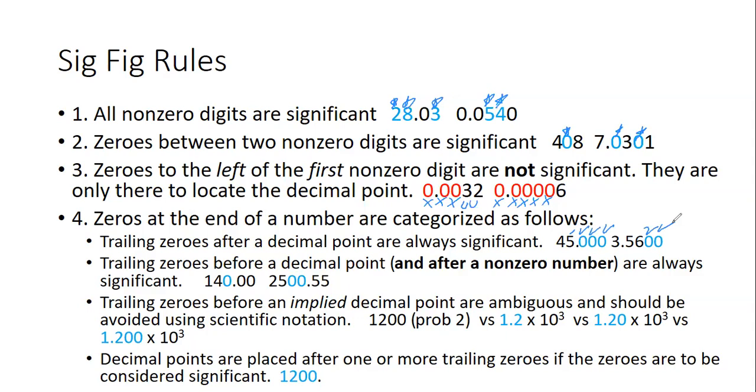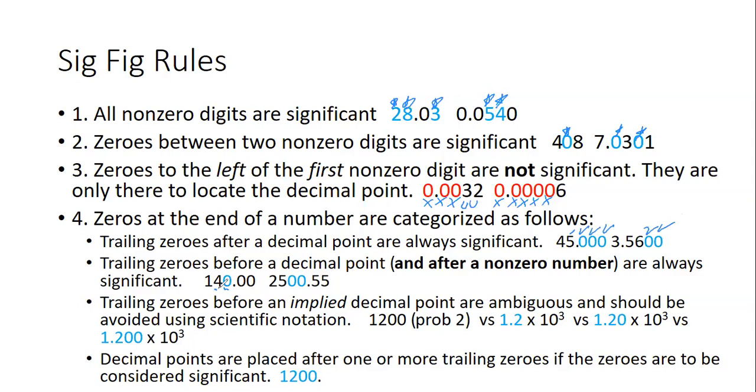My instrument is saying these 3 digits are 0 and they are really 0. So they are significant. All right. Now, a 0 that is to the left of a decimal and also to the right of a real number is significant. So basically, if you're right of a real number and you're 0, you're going to be significant.